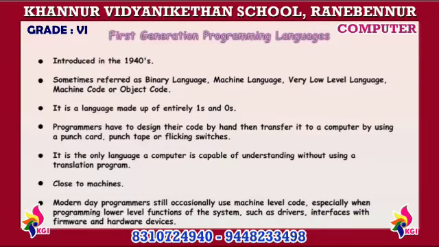It is the only language a computer is capable of understanding without a translation program, close to machines. Modern day programs still occasionally use machine language code, especially when programming lower level functions of the system, such as drivers and interfaces with firmware and hardware devices.